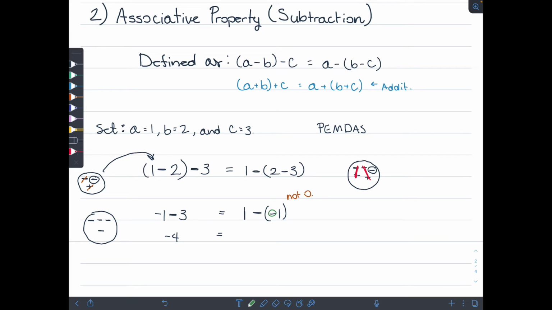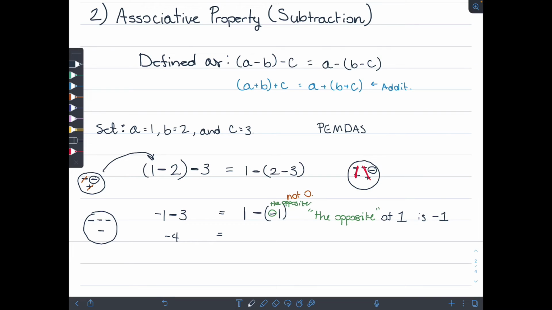This is saying the opposite. So the opposite of 1 is negative 1.